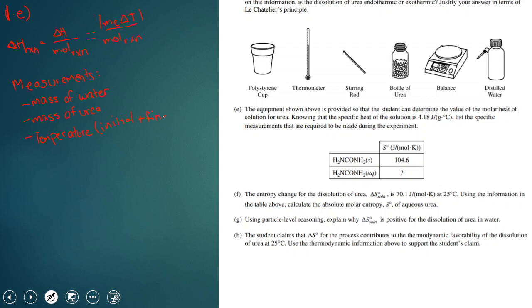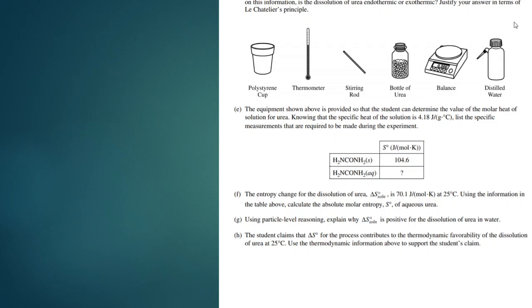Now keep in mind that we do want to be specific, so don't just say we want our change in temperature, because that won't get you full credit. What will get you full credit though is saying that we want the initial temperature of the solution and the final temperature of the solution. So be explicit like that. So those are the 4 measurements.